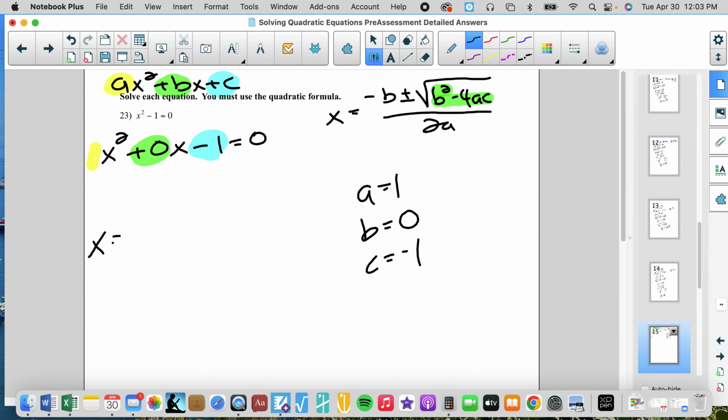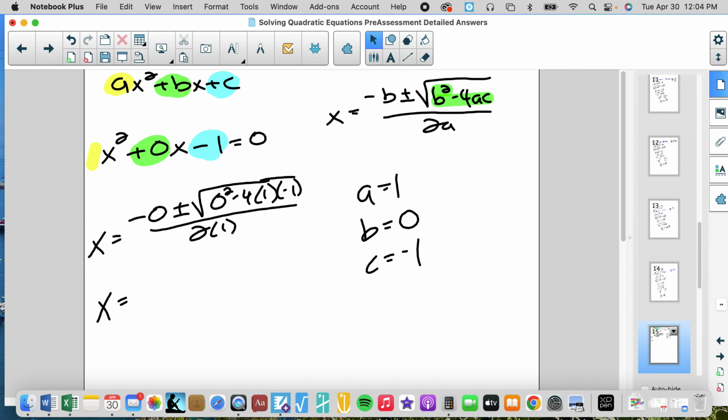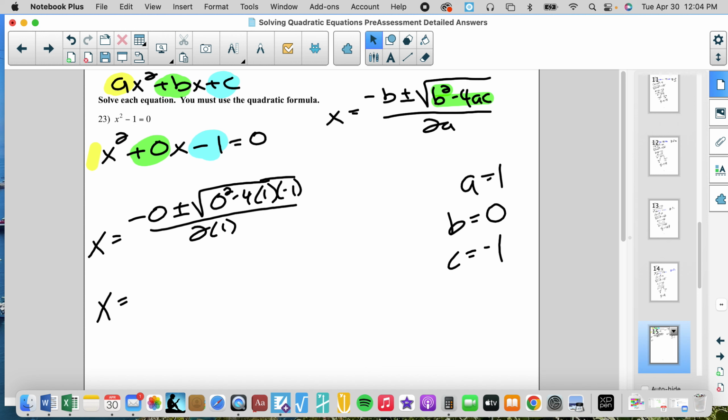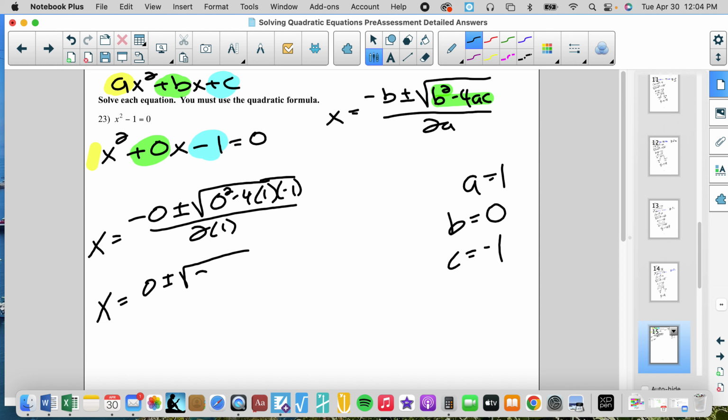So x equals the opposite of b plus or minus square root of b squared minus 4 times a times c all over 2 times a. Kind of just wanted to move those over just so they were out of the way, and I almost created a fiasco. 0 plus or minus square root of 0 plus 4 all over 2.